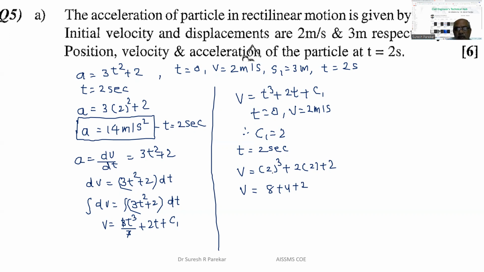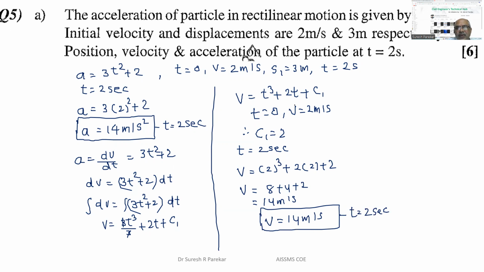This is 2 cube, so 2 cube we have 8, plus 4 plus 2, and this becomes 14 meter per second. And therefore we have v equal to 14 meter per second, that is velocity at t is equal to 2 seconds. And then we have to find position.